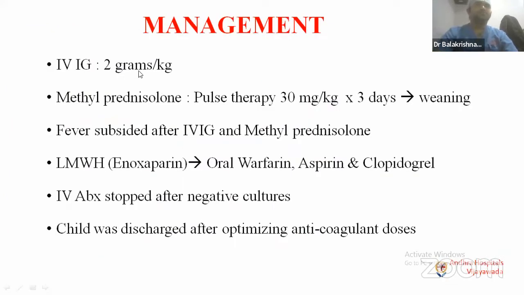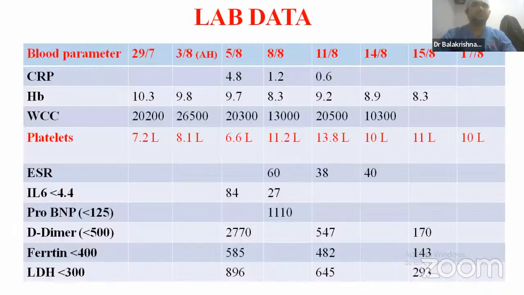Management: IVIG 2 gram per kg and methylprednisolone. The fever subsided after IVIG and methylprednisolone. The child was started on oral warfarin. We stopped IV antibiotics after negative cultures, and the child was discharged after optimizing the anticoagulant doses.